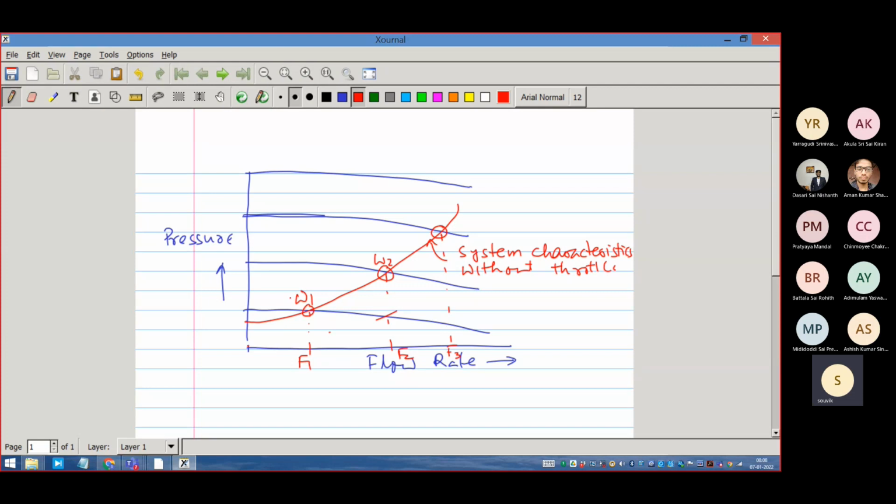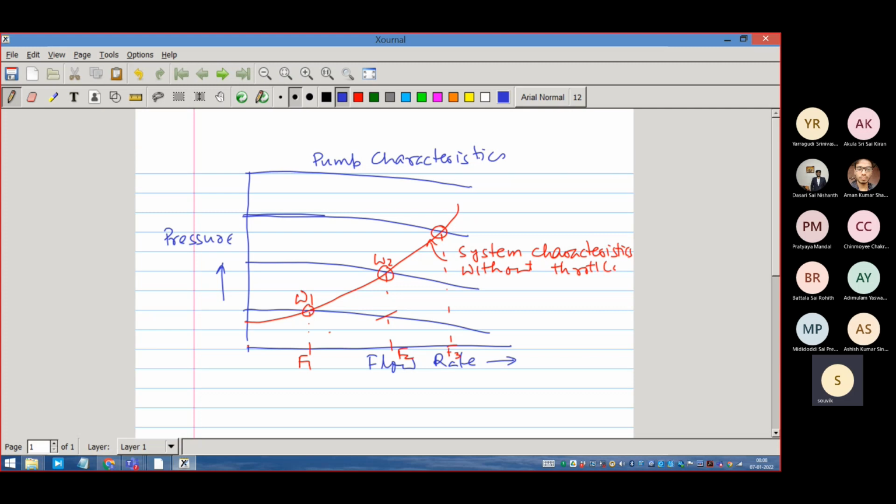Omega 1 corresponds to the induction machine. By running the induction machine at such and such speeds, we are able to create this kind of pump characteristics. Blue one is the pump characteristics.